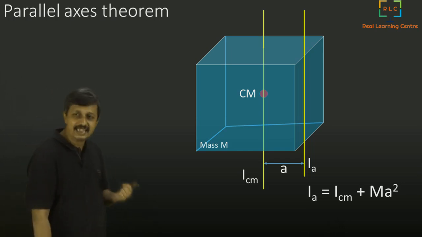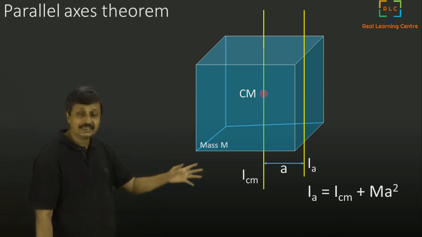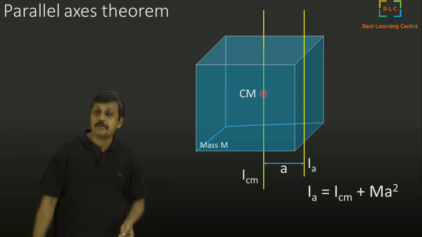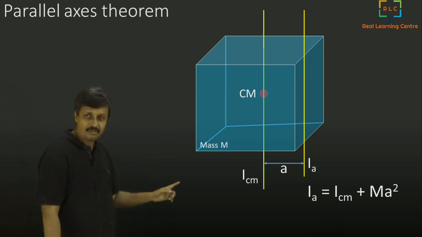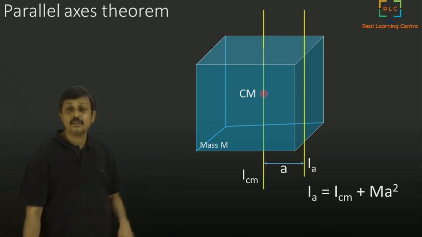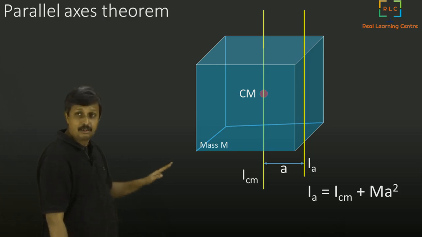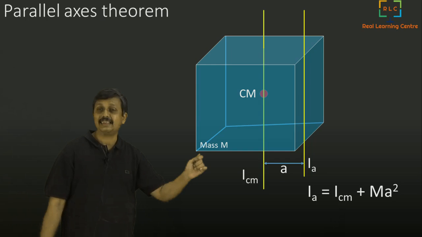Parallel axis theorem simply states that IA is equal to ICM plus capital M into a square. That means you take the moment of inertia about the center of mass, which is parallel to this axis, plus you add the whole mass times the distance from the center of mass axis.